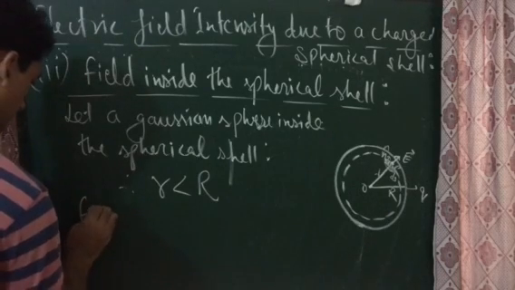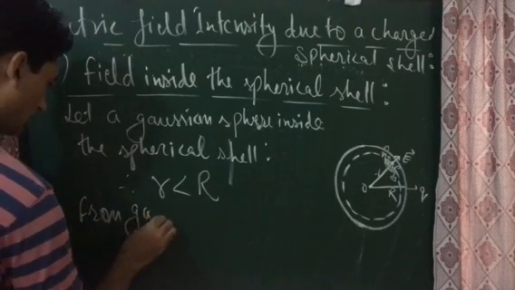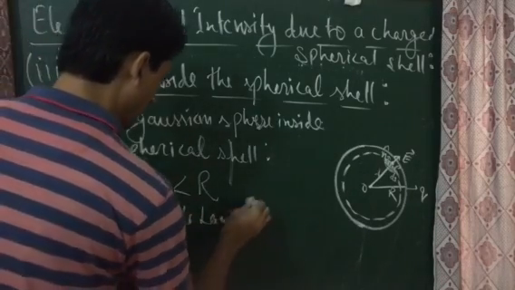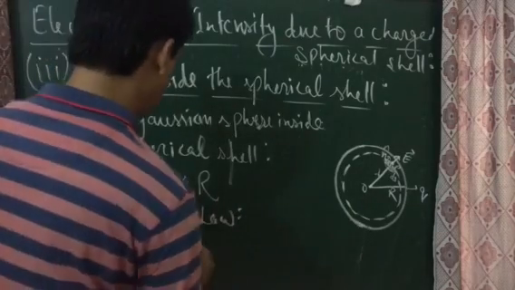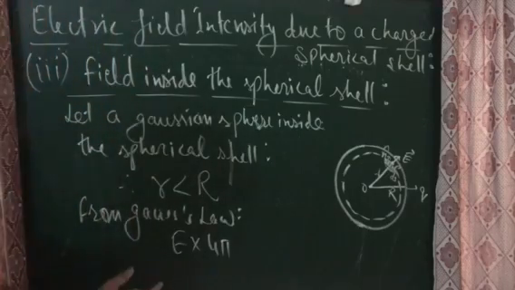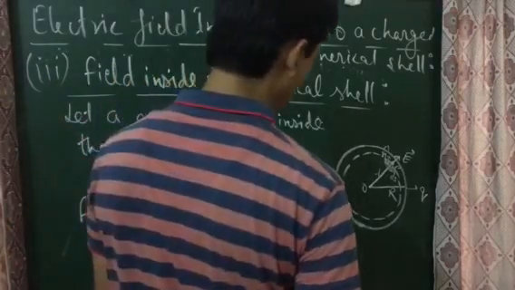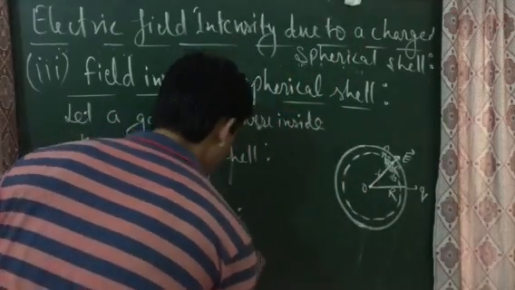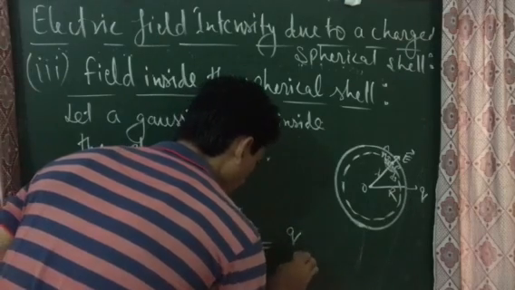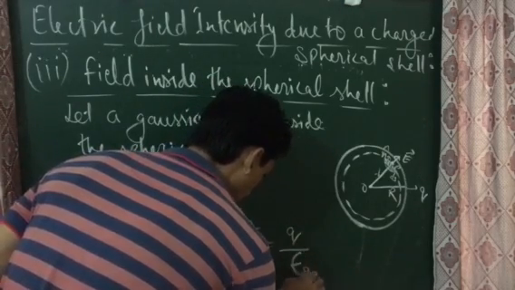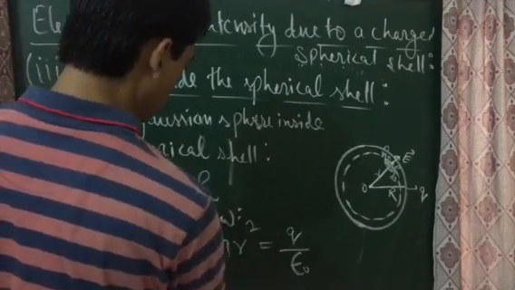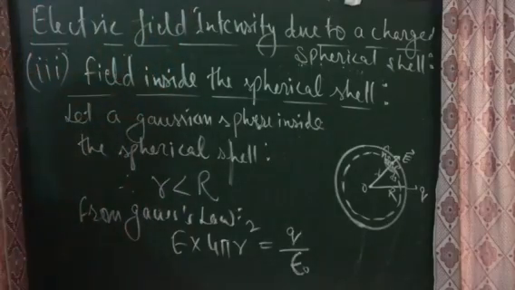and from Gauss's law, you know that E into 4 pi r square is equal to q upon epsilon naught, since E into ds gives 4 pi r square. It is equal to q upon epsilon naught.